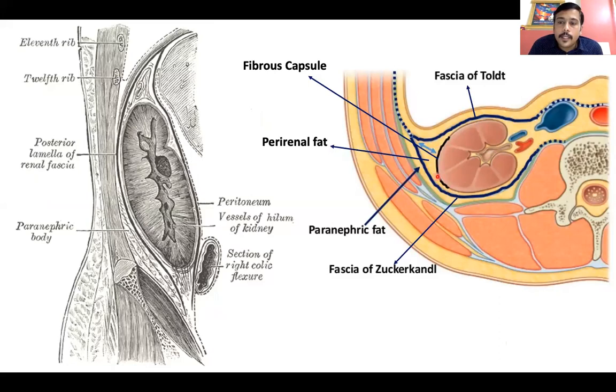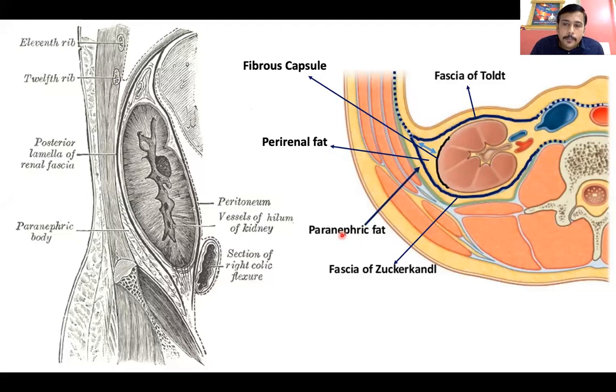Then we have the fascia of Gerota, in its anterior aspect the fascia of Toldt, and in the posterior aspect the fascia of Zuckerkandl. And outside to that, we have a small area here with accumulated fat, which is nothing but the paranephric or the pararenal fat.